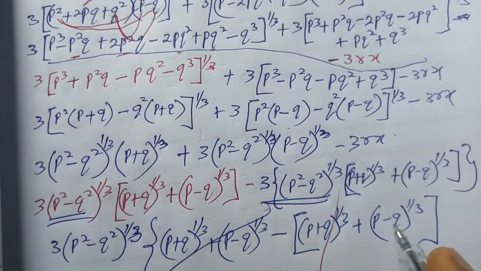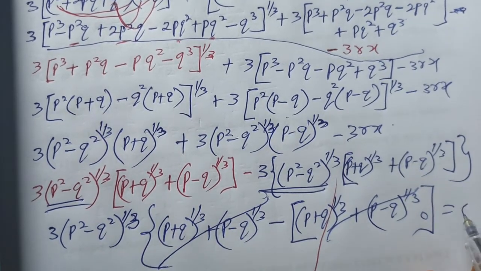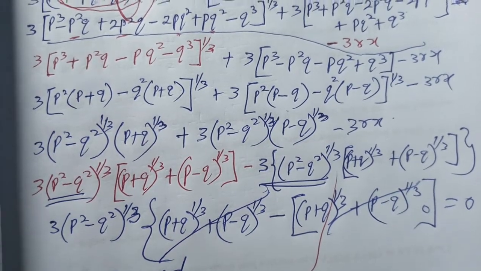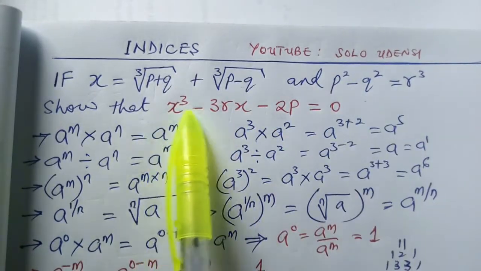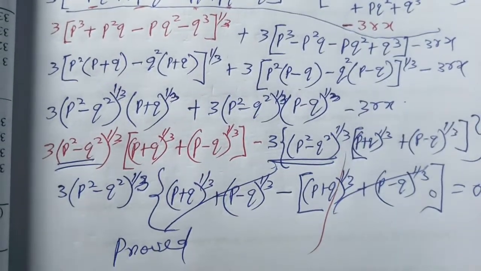So you see that this one will cancel, this one is 0. 0 times this is equal to 0. So it has been proved that this equation is equal to 0, following what we have done.